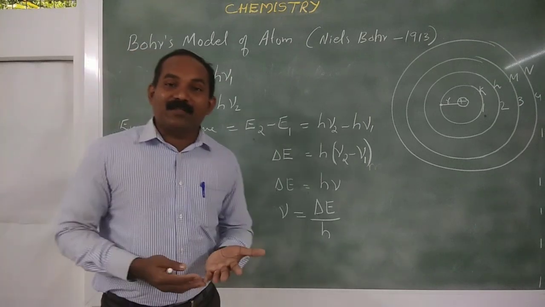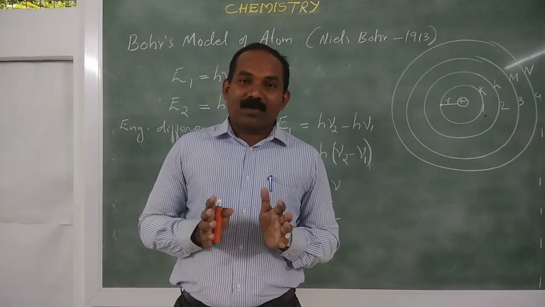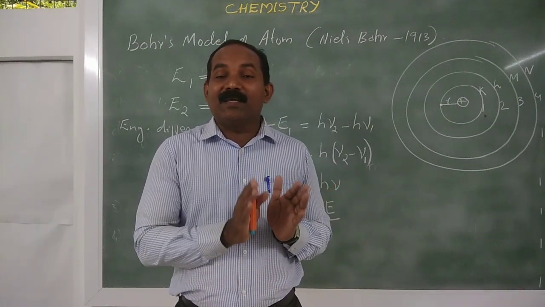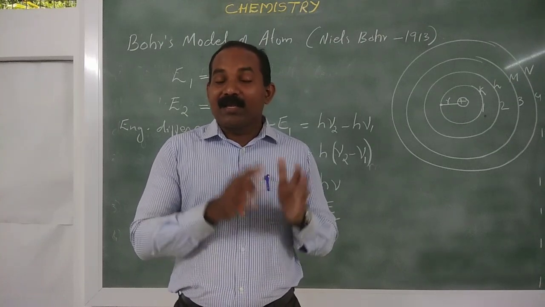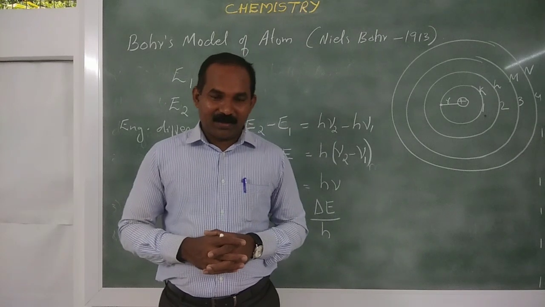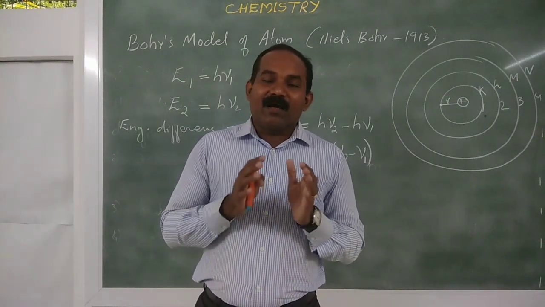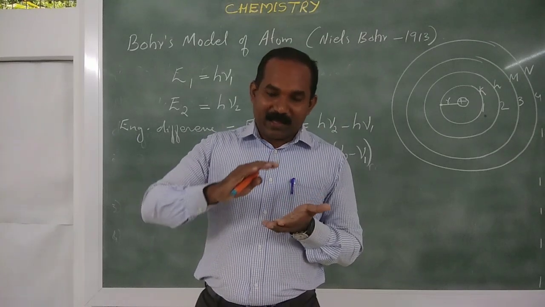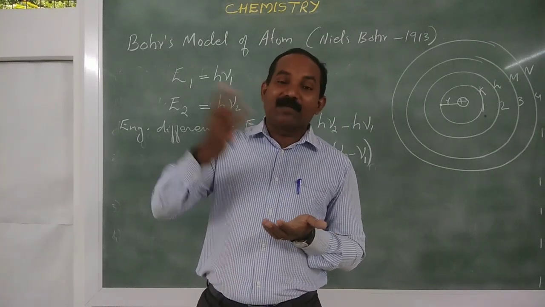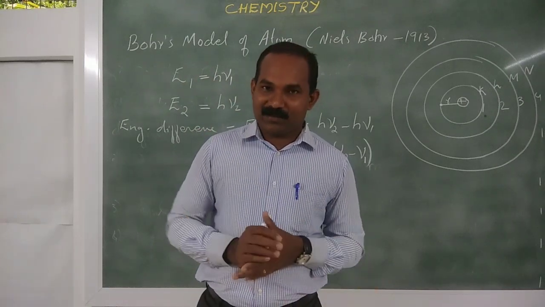Again we concluded that the electron in an atom is in a particular energy level, and the energy level is quantized. It has a definite amount of energy. Very simple. The energies of the different levels are quantized, and the difference between two energy levels is also quantized.